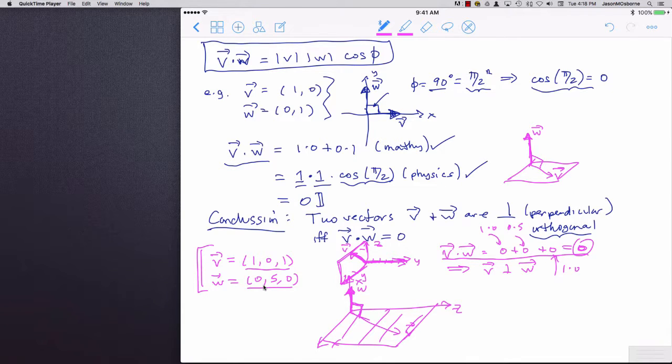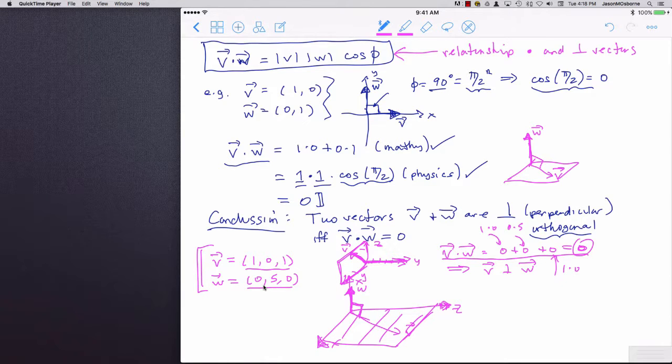So you don't have to be a drawing expert to figure out if two vectors are perpendicular. All you have to do is compute their dot product. So that's a very important use of this formula. It helps you understand the relationship between the dot product and whether or not vectors are perpendicular to each other.